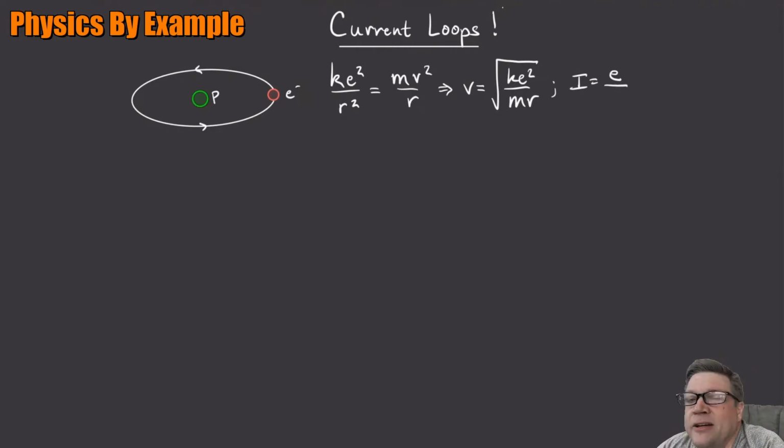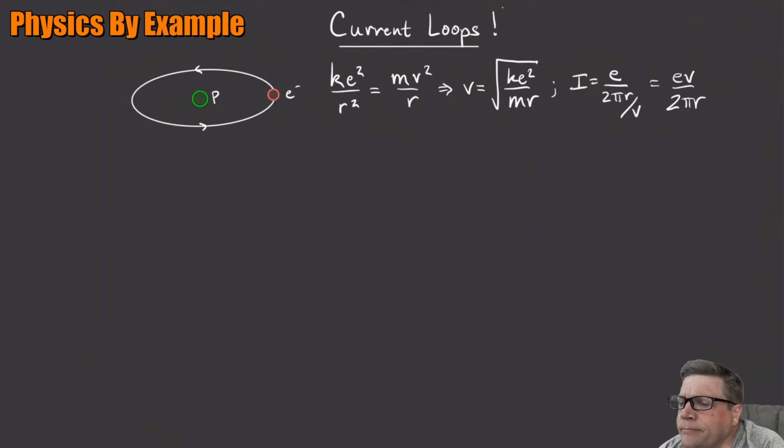What's the period of the orbit? It's the distance this thing travels, 2 pi r, divided by v. Distance divided by speed gets you a time. So the current is just ev over 2 pi r.